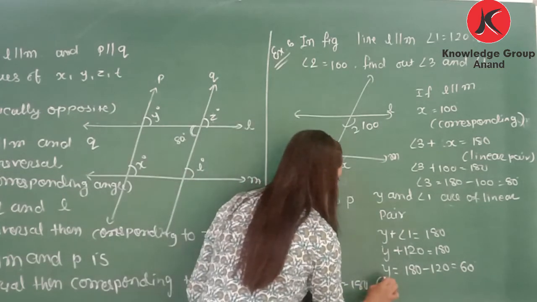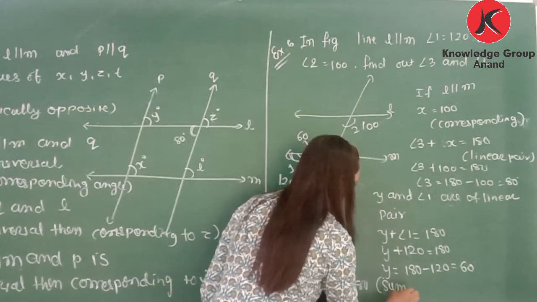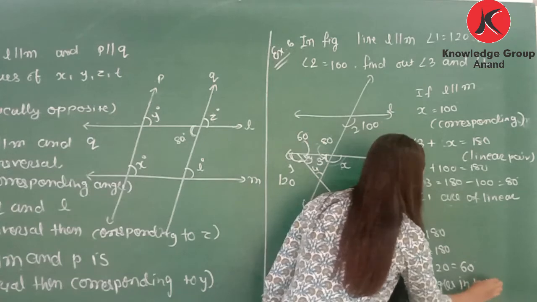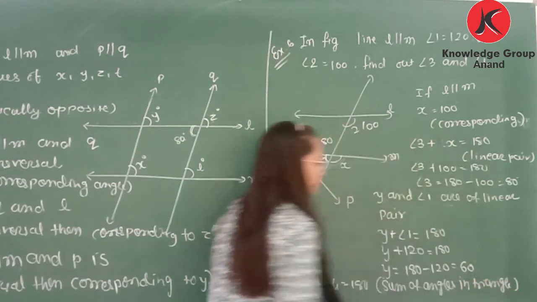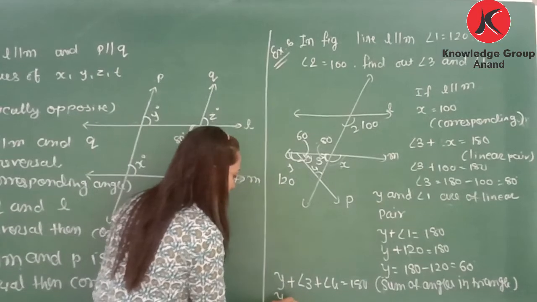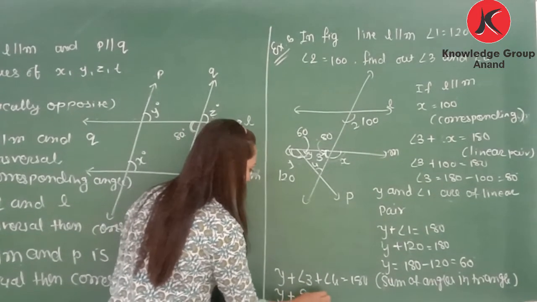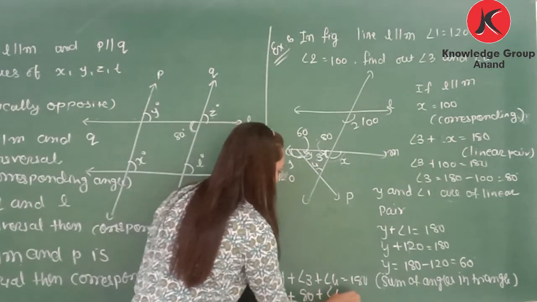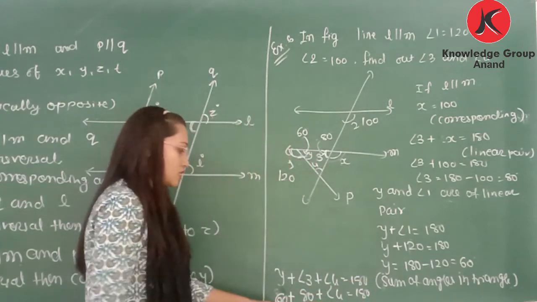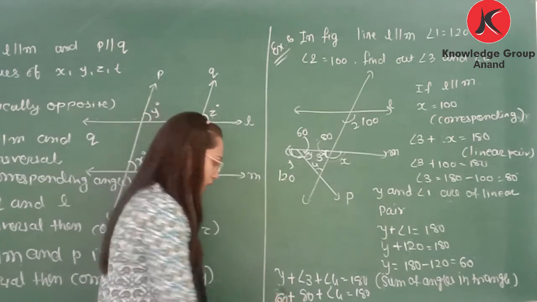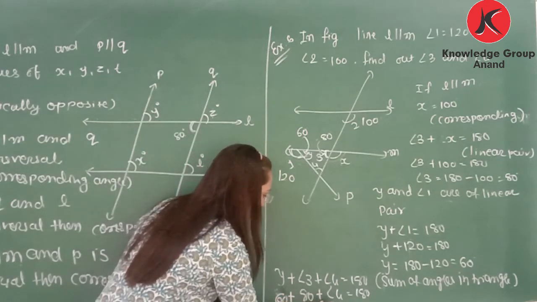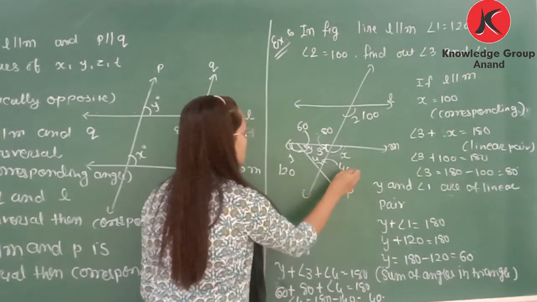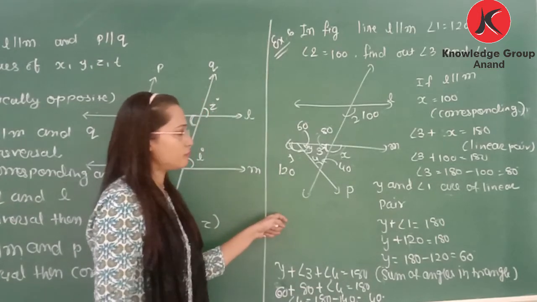These are the sum of angles in a triangle. So angle y is 60, angle 3 is 80, and angle 4 we need to find. 60 plus 80 is 140. So angle 4 is equal to 180 minus 140, that is 40. So we find angle 4 as 40. Clear? So this way you can find the angles.